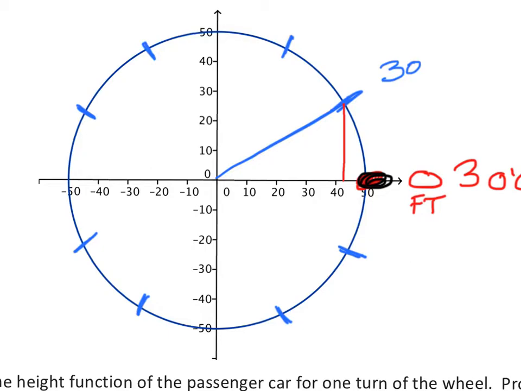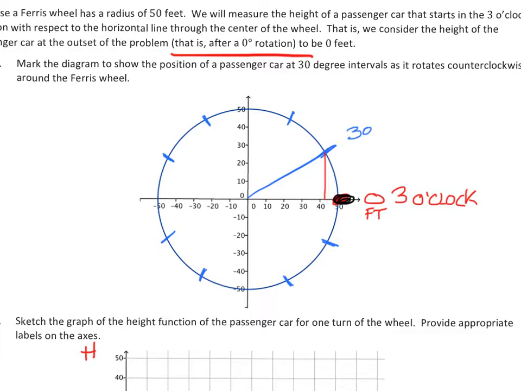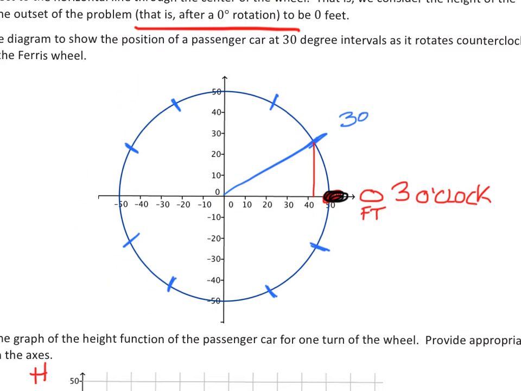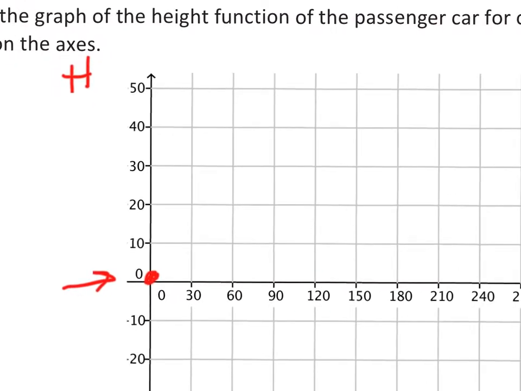What does yours look like for the height? 45. I have 42. Anybody else have something different? Okay, so we'll go with 42. We'll just mark 42. And at a 30-degree turn, we came up with 42.